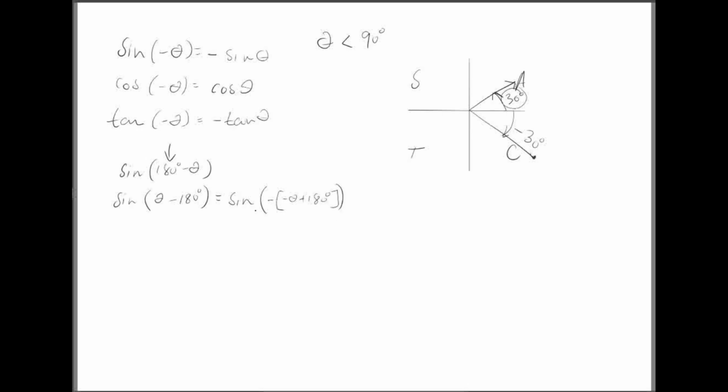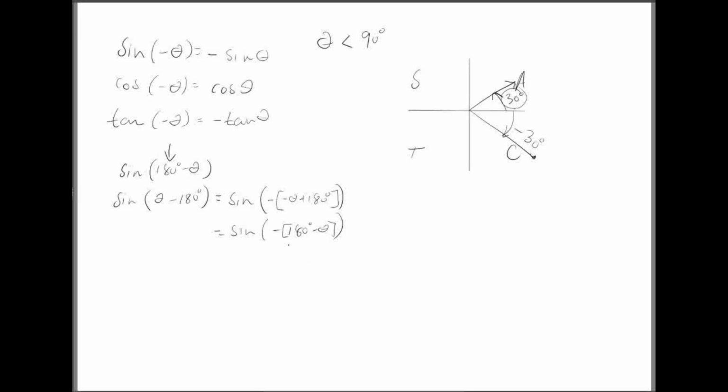So all I did was take out negative as a common factor. So here I now have sine of this negative angle. What is this angle? That is 180, that's positive, minus my theta. And let's make that a square bracket just for consistency's sake. So now this looks exactly like what I want.